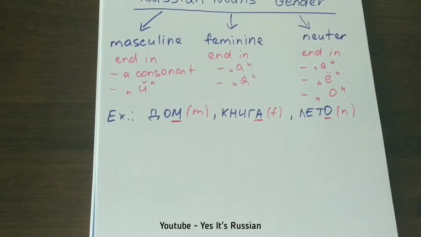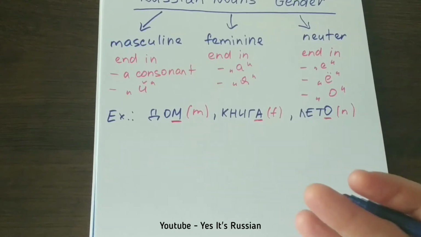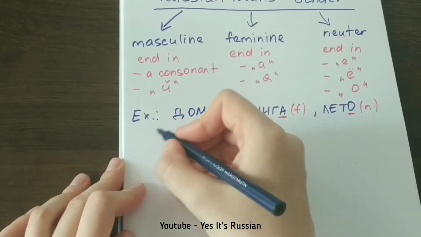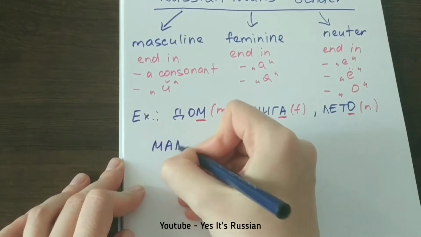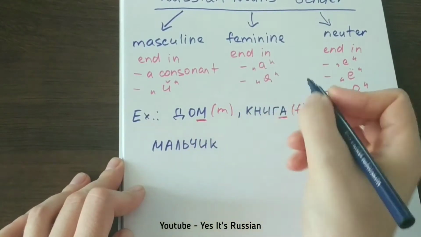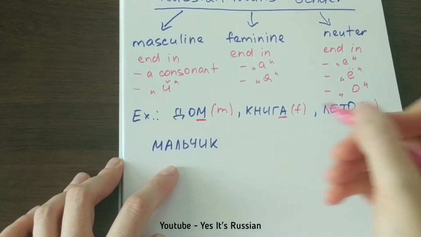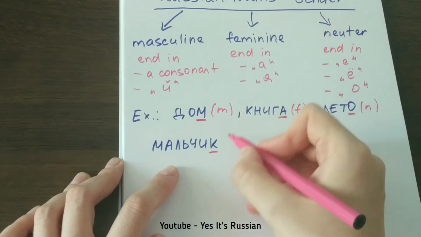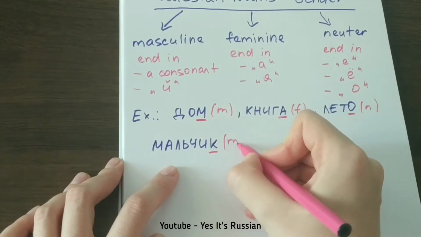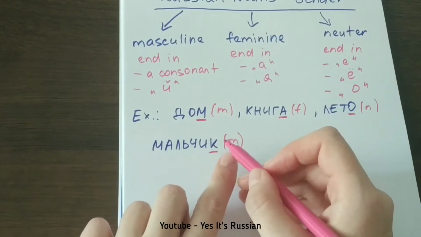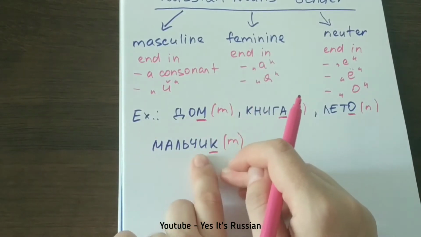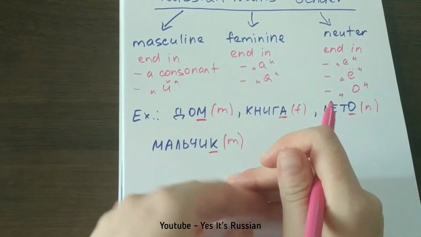Also, sometimes the gender of a noun can correspond to the biological gender of the thing or the creature it represents. For example, let's see this one: Мальчик, meaning boy. This one is ending in a consonant and it is of the masculine gender, and it corresponds to the biological gender of the person.